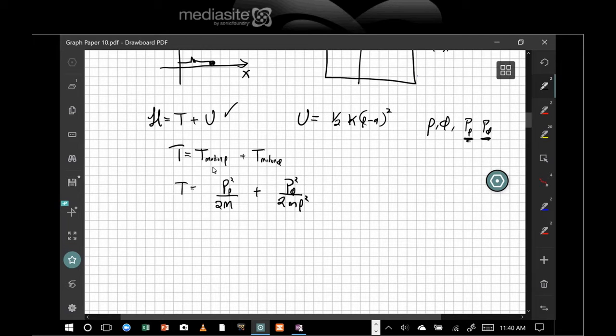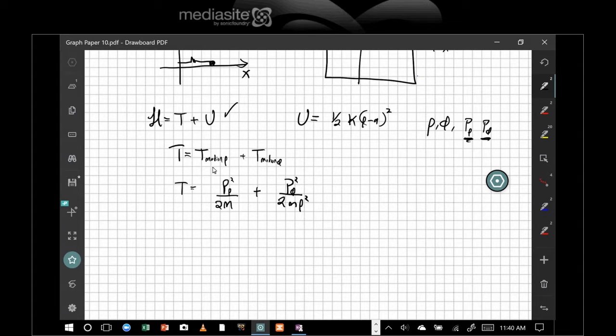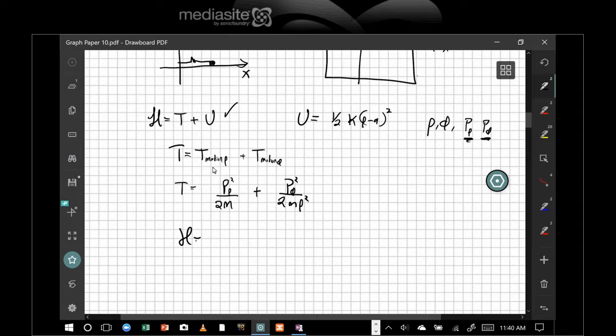I got the Lagrangian first and got the transformation from there. But this is just as good. And now the Hamiltonian is just going to be the sum of the two, so it's going to be equal to kinetic energy plus potential energy.